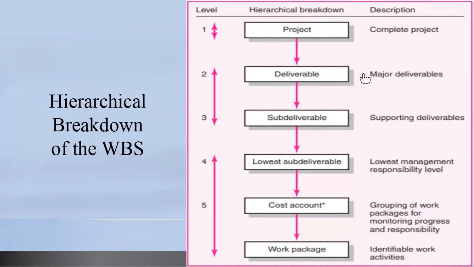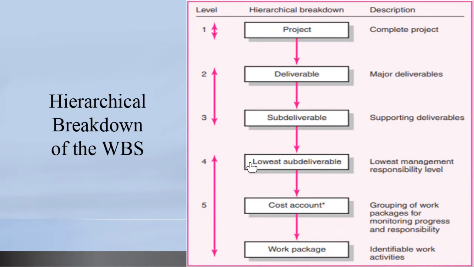These are major deliverables. Suppose you want to break down further each of those major deliverables into sub deliverables, then that becomes your level 3. However, at this stage, you cannot determine definitively the cost and duration of the sub-deliverables.